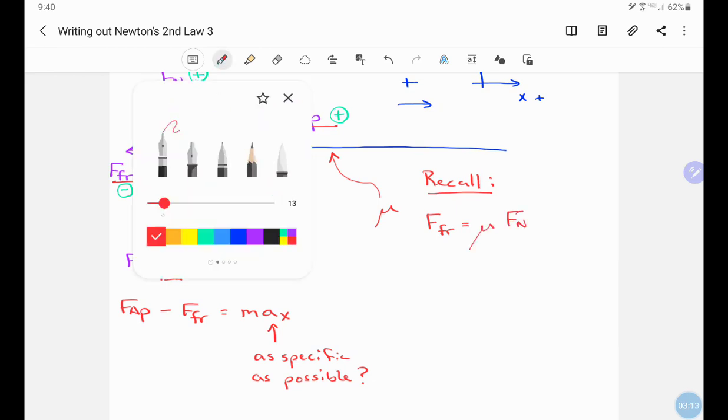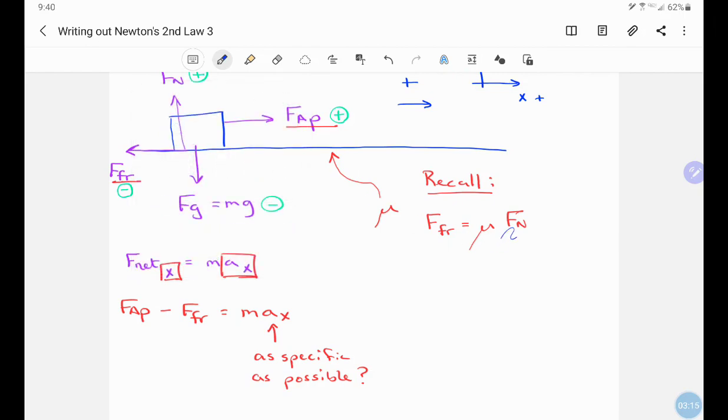Now, a note on frictional coefficient. Two things. One, it is material specific, meaning that if I have, for example, a block made of wood and a surface made of asphalt, there will be a mu specific to those two materials. If I have a block of wood and a surface of ice, there will be a mu specific to those two materials.